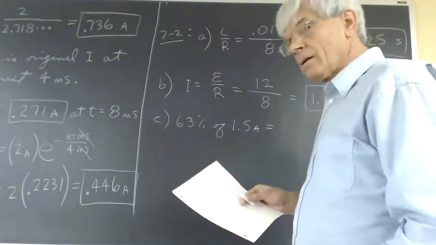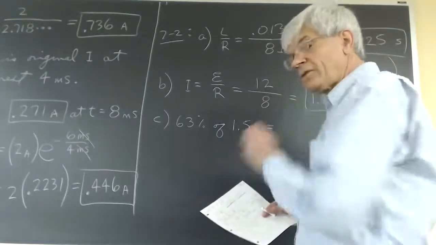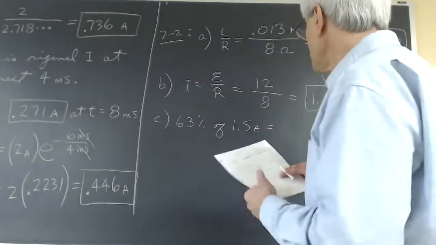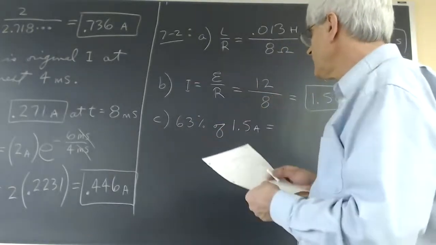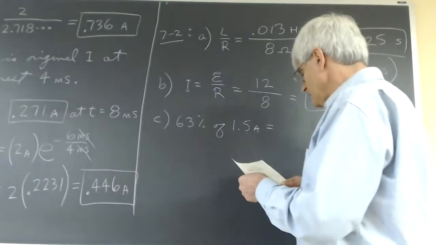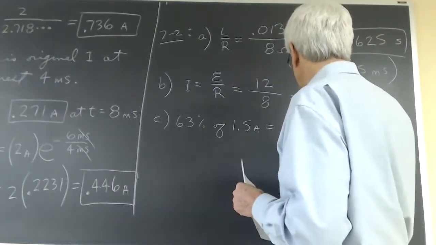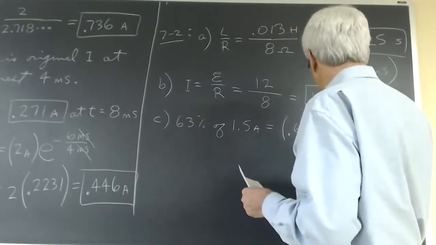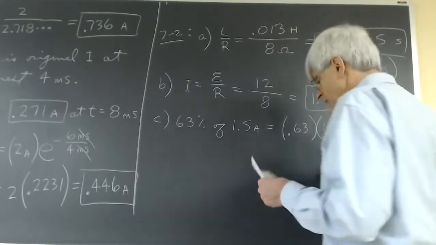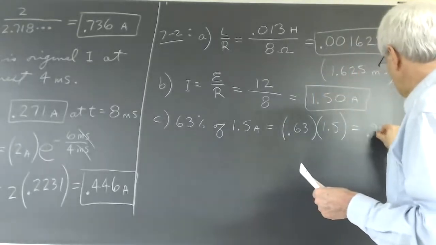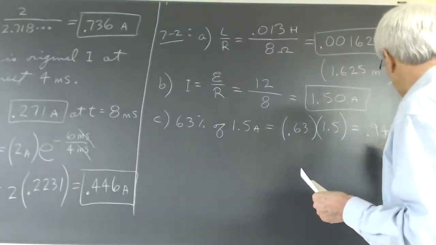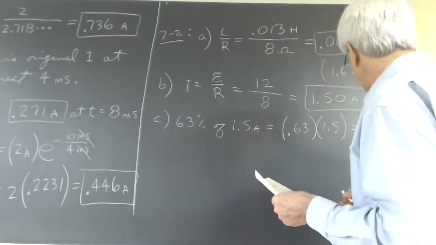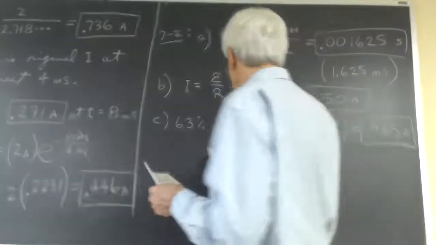Now, volts over ohms is what you're building up toward in the end, okay? So you're 63% of the way there after one time constant. If you want to just think in terms of 63%, that comes out 0.945 of an amp, which is close enough.